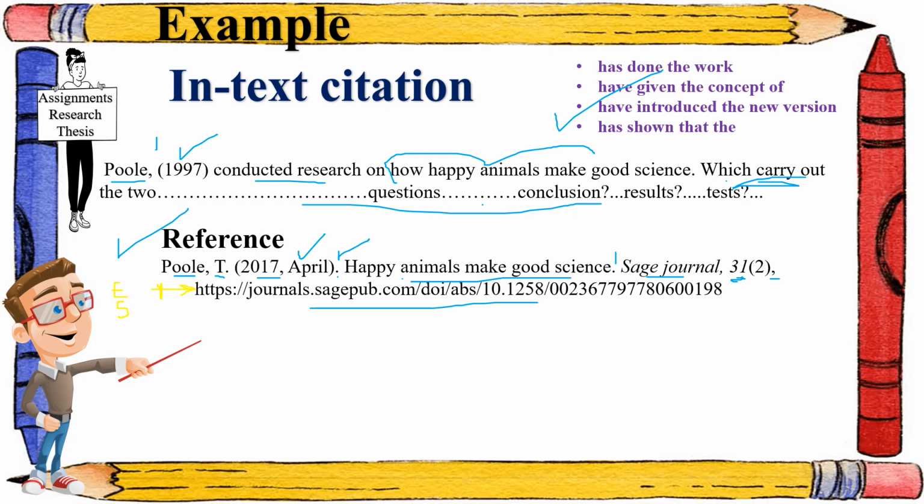So the number of authors mentioned in your literature review or introduction is equal to the number of authors mentioned in the reference. Do not skip any author that is mentioned above and not mentioned in the reference. This will also give you trouble while conducting the plagiarism check.